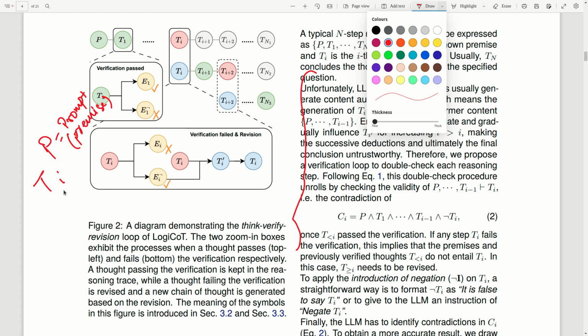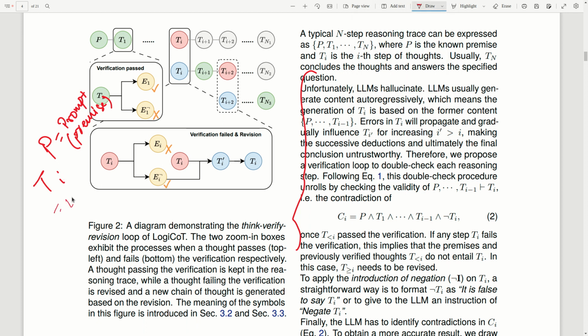And T of I is the ith step in the thought chain. One more symbol is E of I. This refers to the elimination step in the reasoning trace of logical chain of thought.